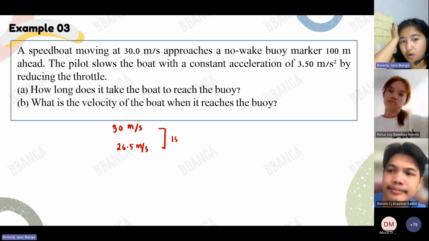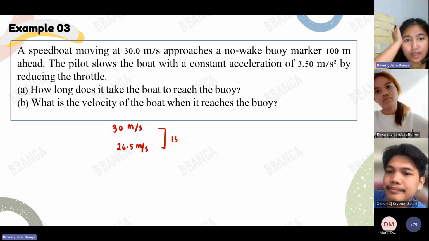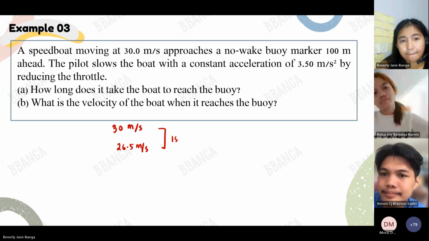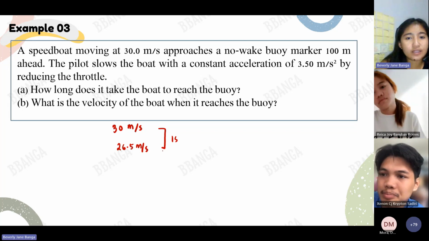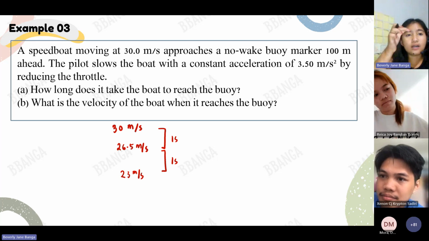Nasusundan nyo ba yung ginagawa ko? Nagigets nyo po ba? And then for the next second, minus 3.5 ulit. So this is going to be 23 meter per second. Titignan natin yung pagbaba ng speed niya per second.